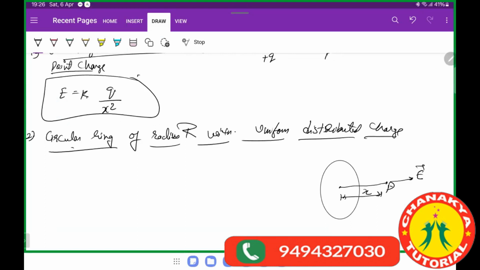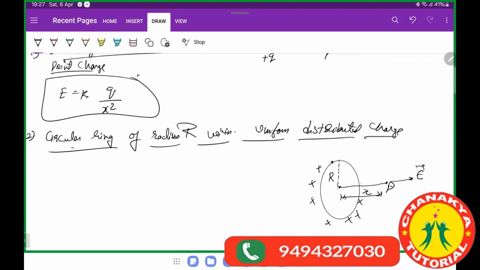If I consider a small portion of the ring with small charge q, and the radius of the ring is R, this can be integrated over the whole ring.